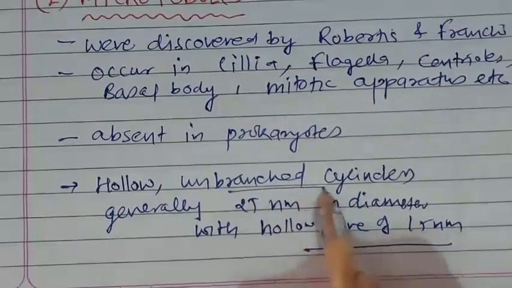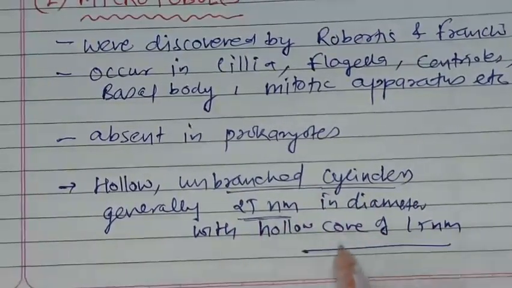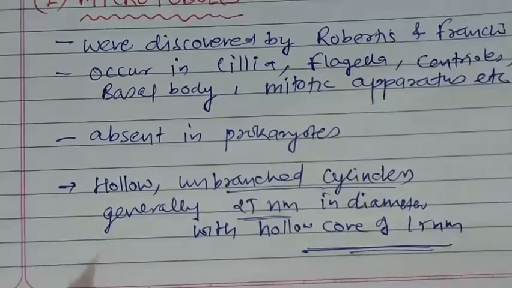So these are unbranched cylinders, 25 nanometer in diameter, and the 15 nanometer hollow central part is covered.